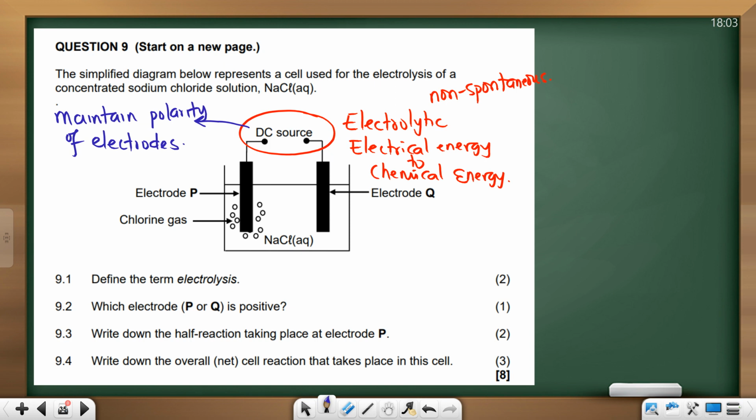Please, it is important for you to know why we use DC. Another keyword here is this: APE. The anode is what? Positive in the electrolytic cell. Very important. Is that okay? The anode is positive.